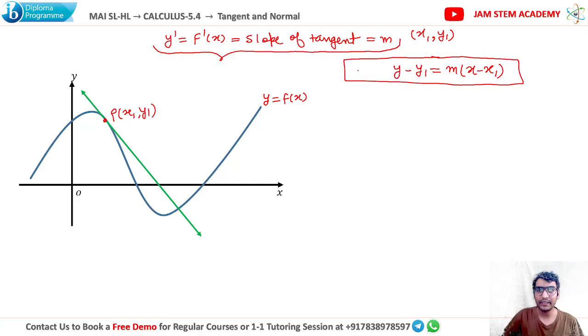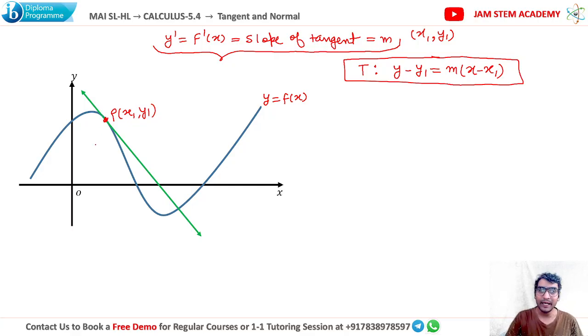But if we need the equation of the normal line, what do we mean by normal line? A normal line is a line which is perpendicular to the tangent line. And one more thing: a tangent line touches the curve at one point, but remember it can cut the curve at any other point also. So we say tangent at the point P only, because it may cut the curve at another point.